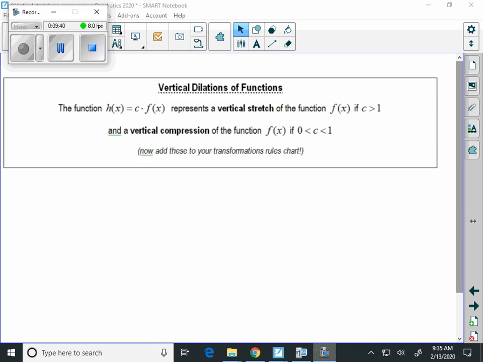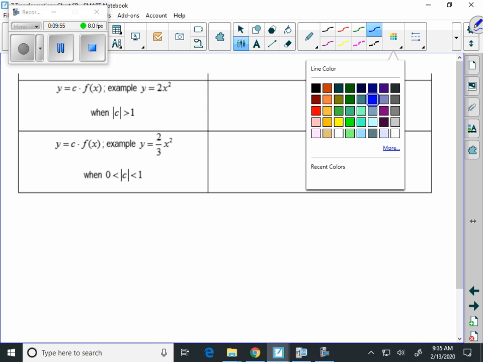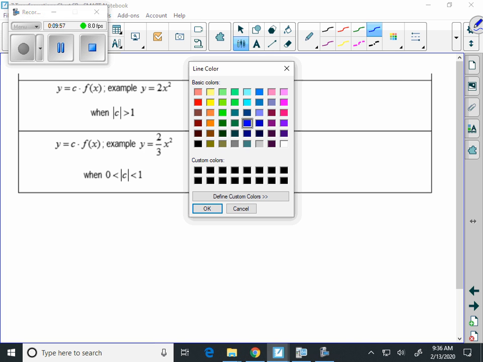But again, we'll go back and look at our chart here, and we can fill it in. Again, y equals c times f of x. If c is greater than 1, this is going to be a vertical stretch.